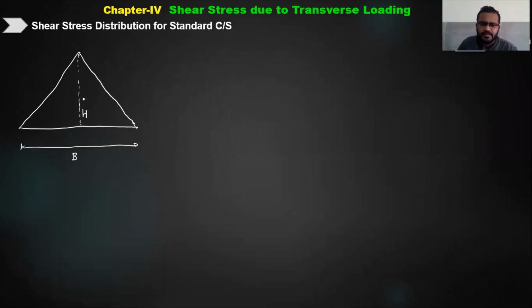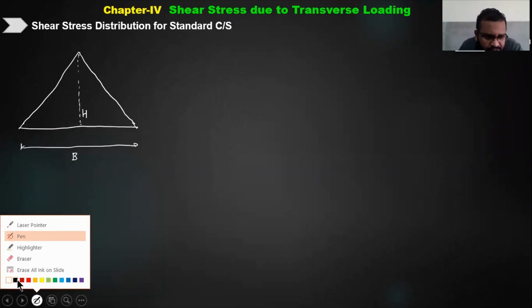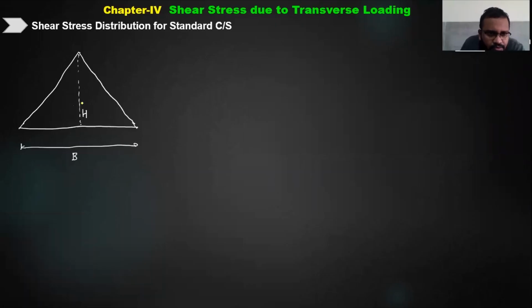Okay. Now we know the neutral axis. The centroid will lie somewhere at a distance of h by 3. So let us draw the neutral axis. Here this will be the centroid, and an axis passing through the centroid will be like this. So this will be my neutral axis at a distance of h by 3, right?